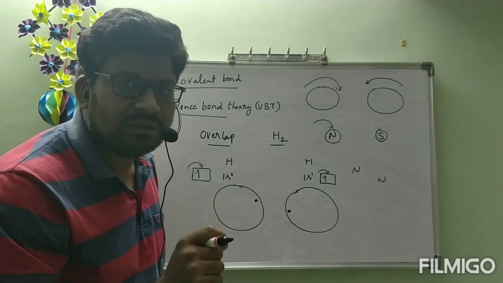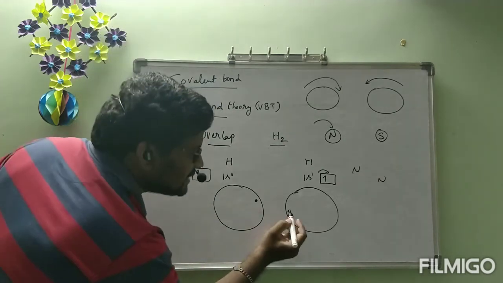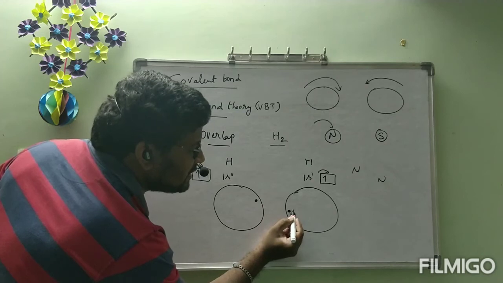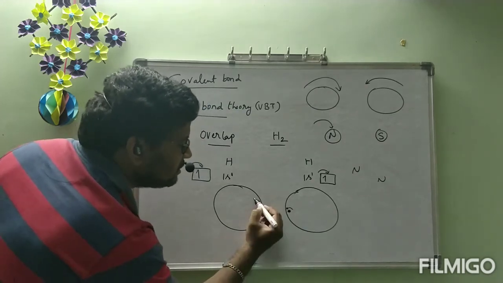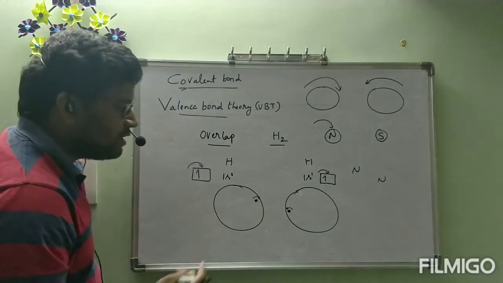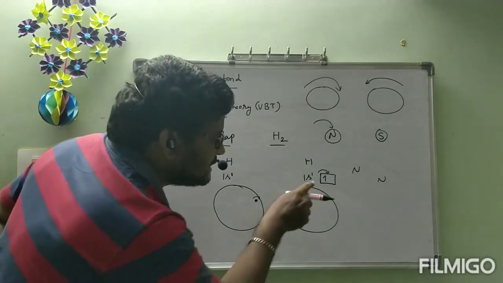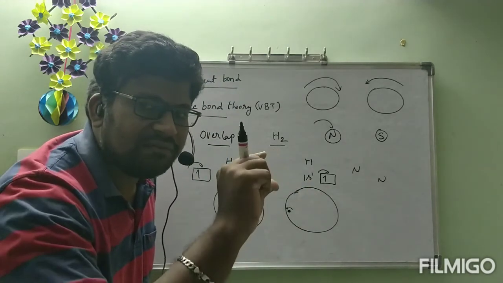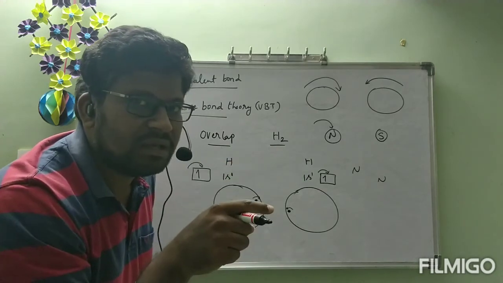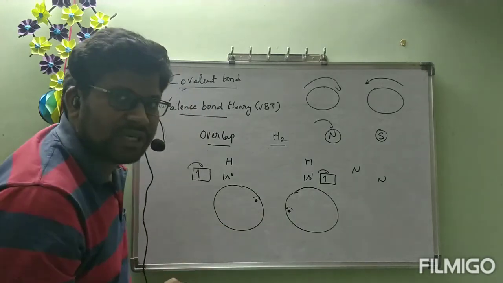Then what will they do? For getting stability, this electron reverses the direction of spin. That means this one is in anti-clockwise direction, this one is in clockwise direction. While the two are approaching each other, any one hydrogen, whose spin was previously clockwise, will now be reversed to anti-clockwise direction.